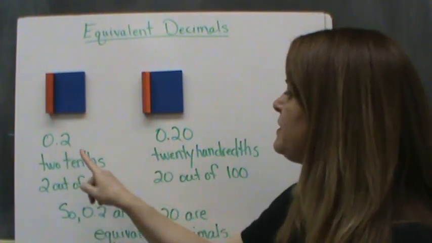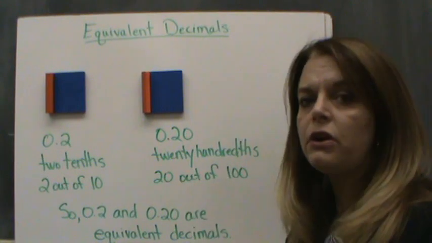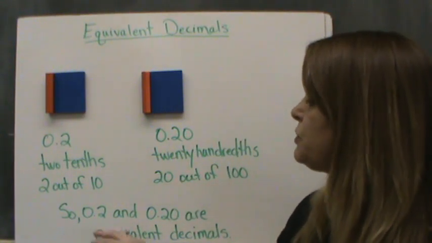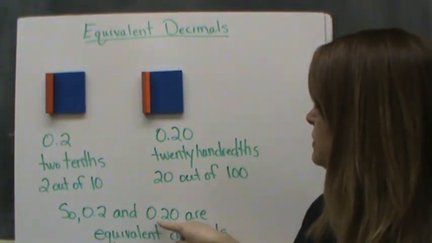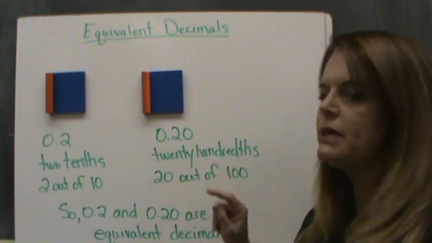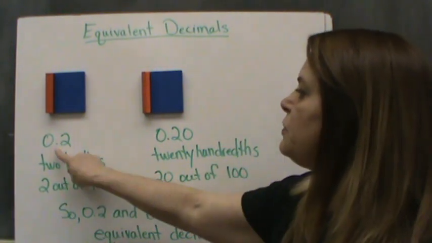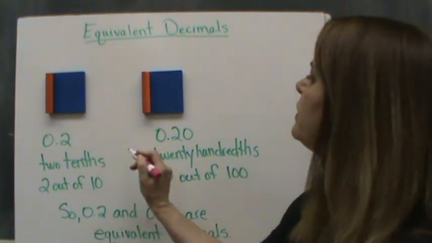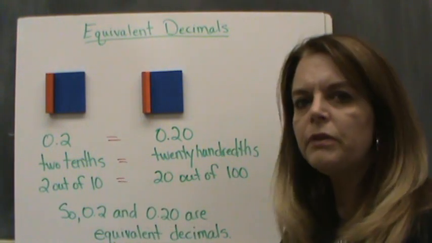What this tells me is that 0.2, which is read as 2/10, and 0.20, 20 hundredths, are equivalent decimals. 2/10 is equal to 20 hundredths. So all of these are equivalent.